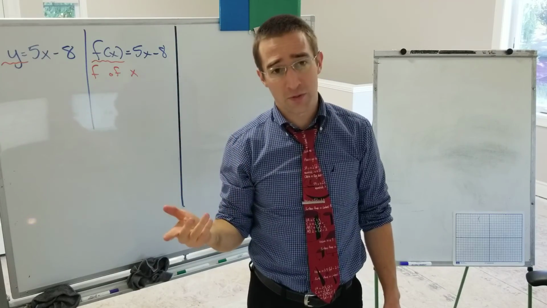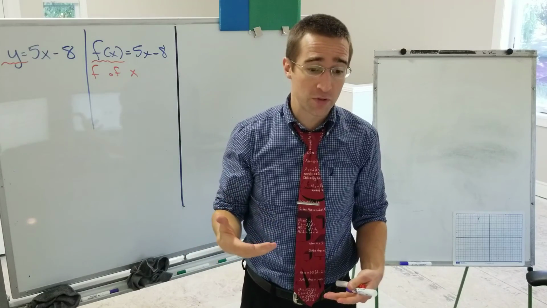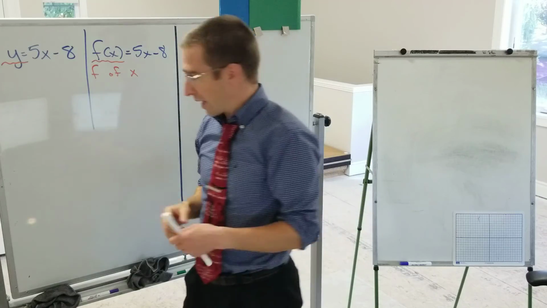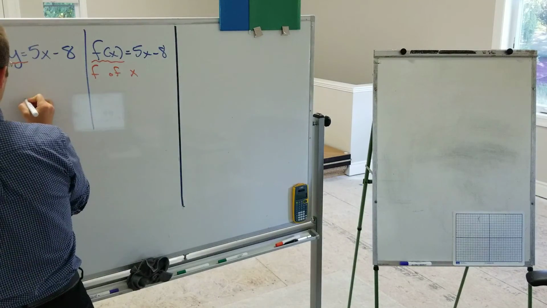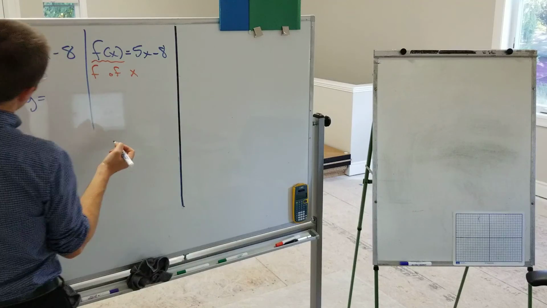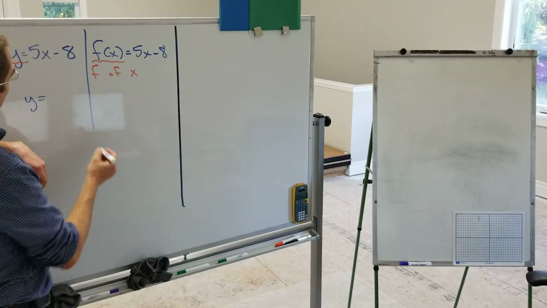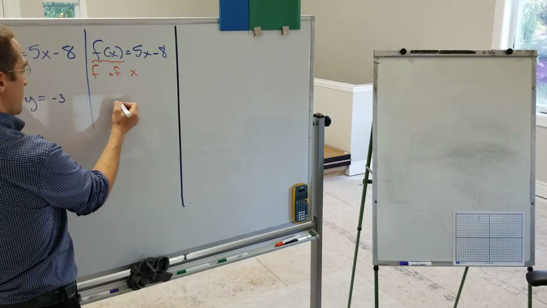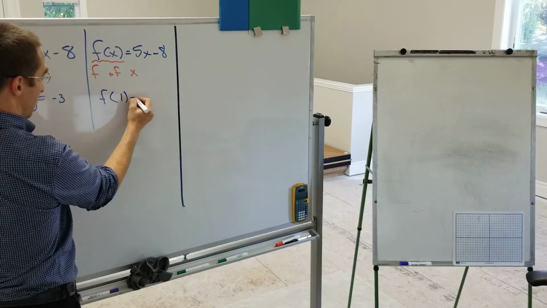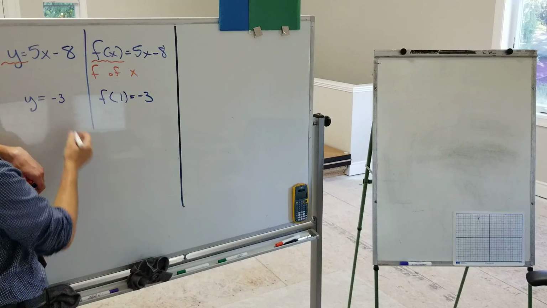So why do we use function notation? Some of the reasons we use function notation is it gives us more information than just y equals. So here if I said y equals negative 3, I could say f of 1 equals negative 3.